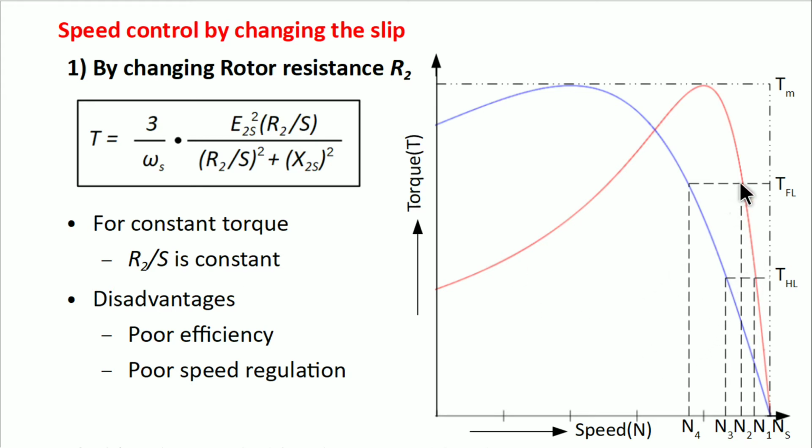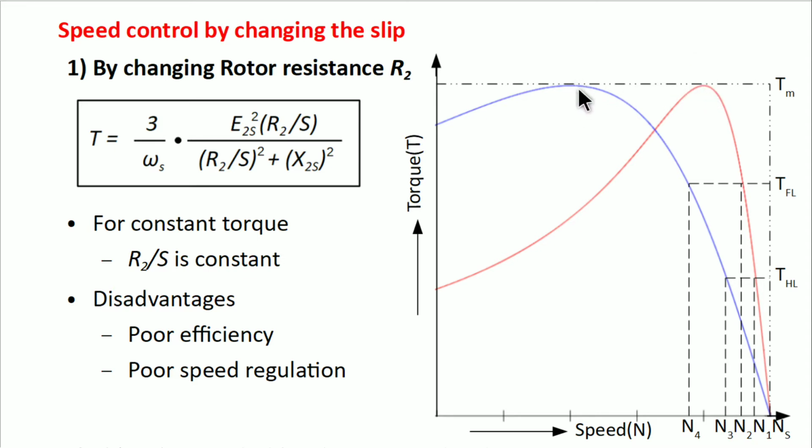Suppose at this load our motor is running. This is the load, full load say. At this instant the speed is N2. N2 is the speed at this instant. And if we change the rotor resistance, the point or slip corresponding to maximum torque also changes.